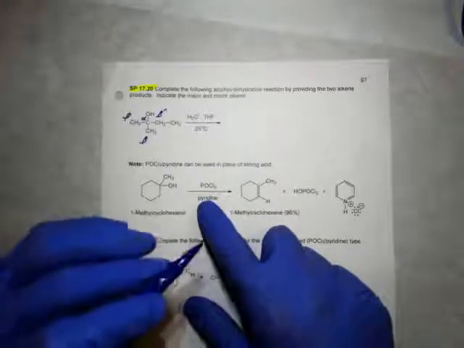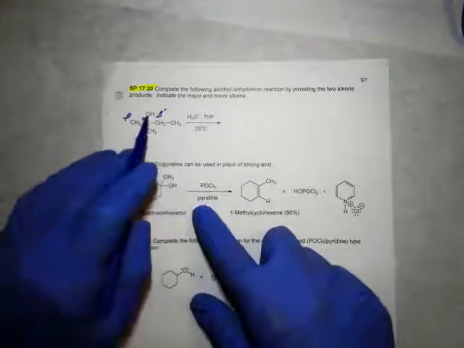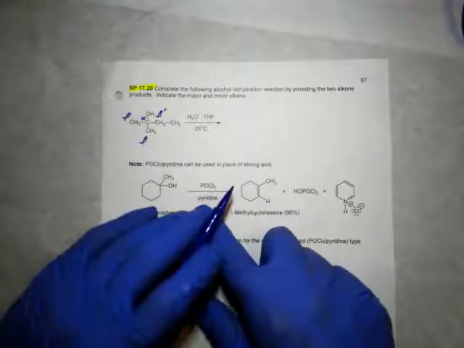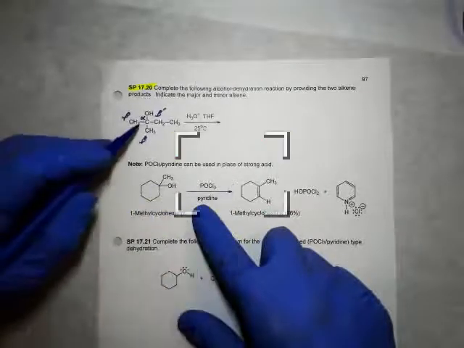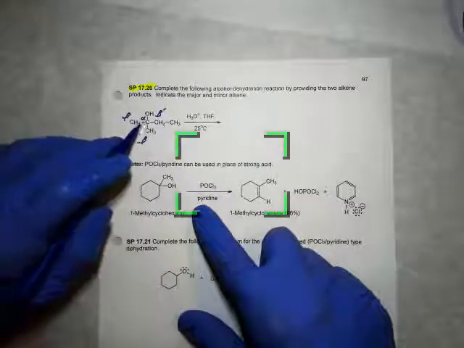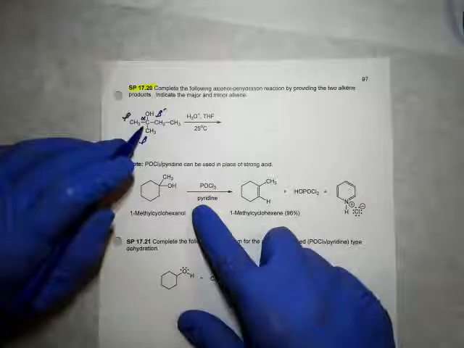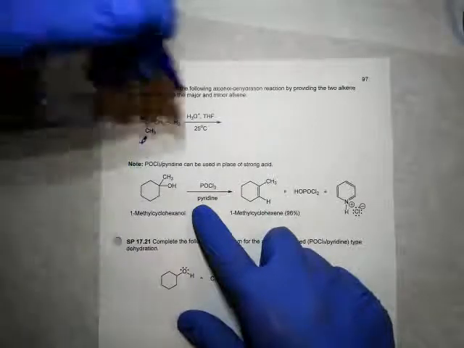Now bear in mind, you're not losing any carbons. You're only losing water. You're losing an OH and a proton from the beta carbon when you do this. So let's go ahead and figure out one of the structures here. Let's draw one with a double bond between alpha and beta. Okay? Alpha and beta.